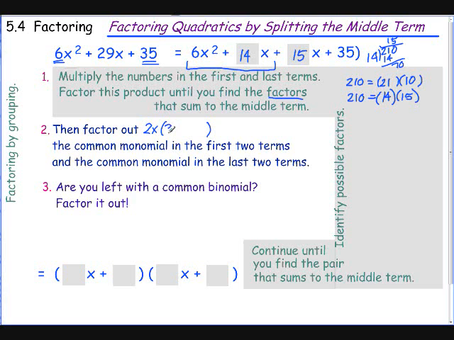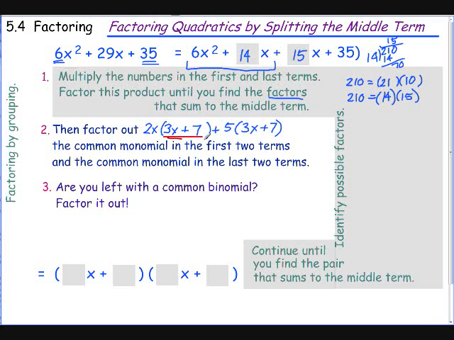I'd be left with 3x plus 7. And then, anything common here? Well, yes, a 5, right? Is there anything else? I think that's it. 5. And what's left? 3x plus 7.